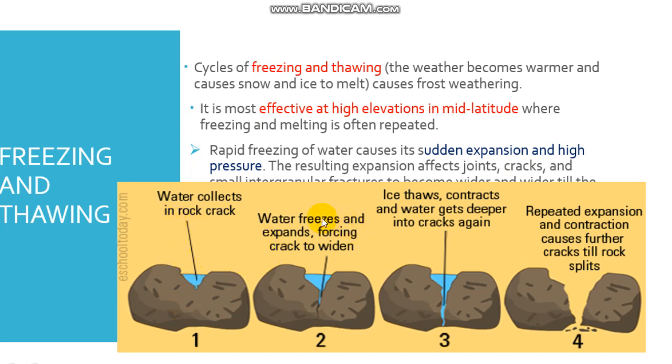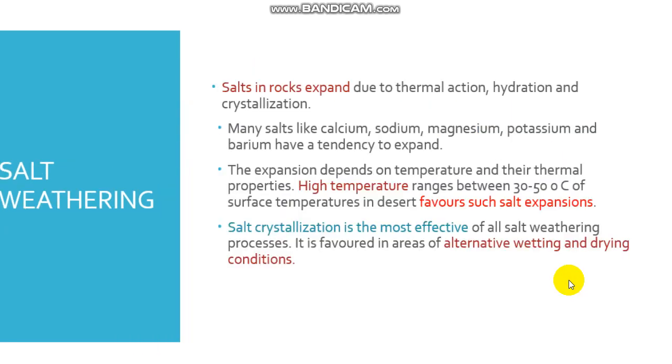When freezing temperature is reached, water freezes and expands, forcing the crack to widen. Unlike any other material, water, when frozen, expands. All right, and ice thaws, making the cracks bigger, and this repeated expansion and contraction causes further cracks till the rock splits into two, or even more.